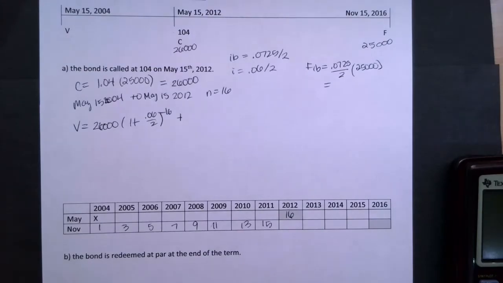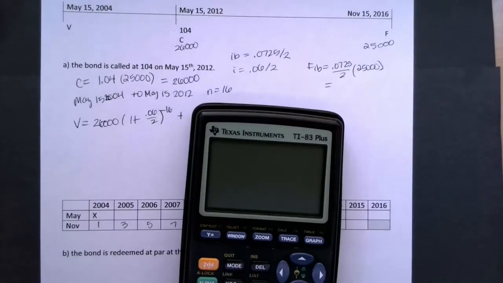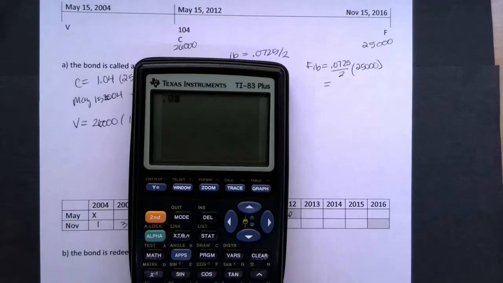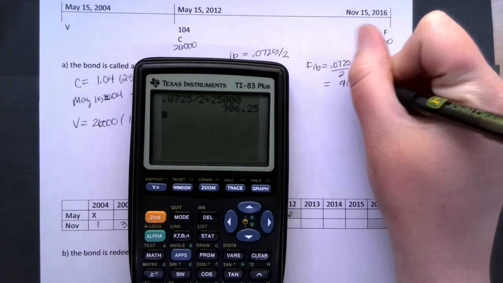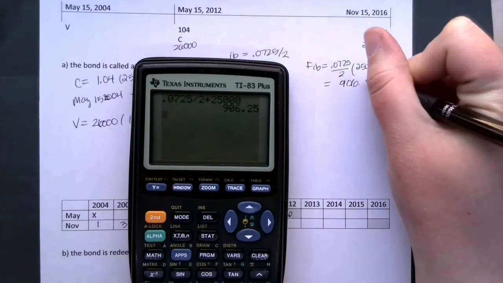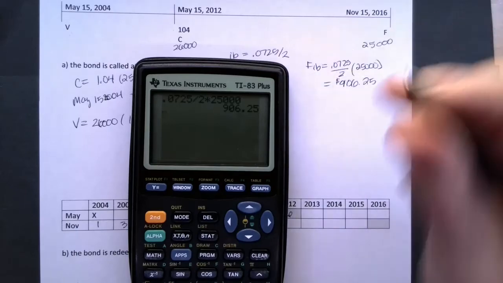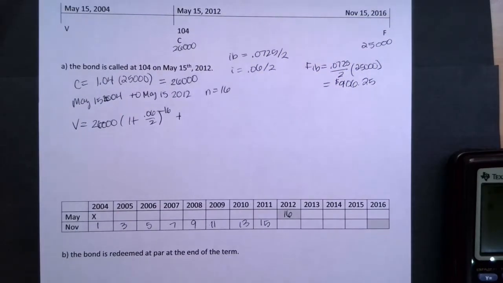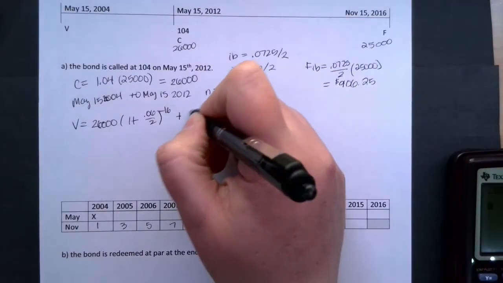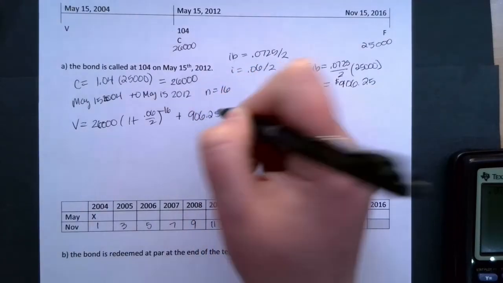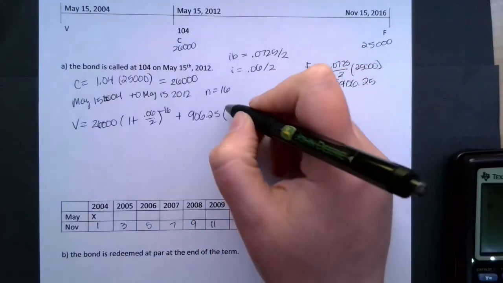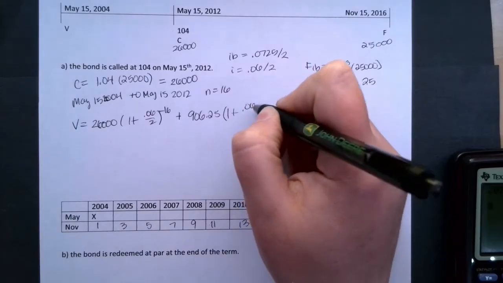When we do that on our calculator, we get 906.25. Plug that in: not as nice a number as last time, but still a good number.